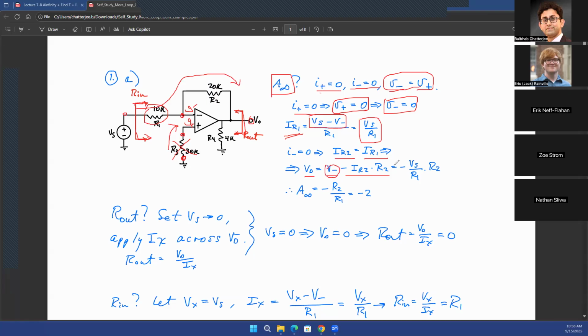So you have a minus, and then in place of IR2, you're going to put Vs over R1, because Vs over R1 is what you found from here. So you're just replacing IR2 with Vs over R1, and then multiplying that with R2. So your A infinity is going to be minus R2 over R1, because A infinity is VO divided by Vs, assuming that the op amp is ideal.